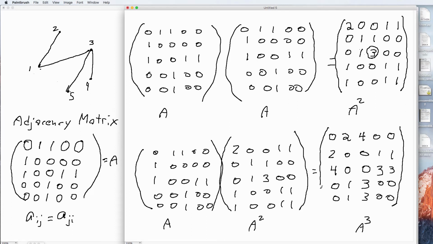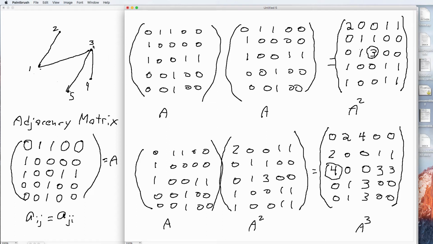And notice what this is showing me here is that in 3 hops, it's showing me how many paths there are between these respective vertices. For example, this number right here tells me that I can start in vertex 3 and end up in vertex 1 4 different ways in 3 hops.